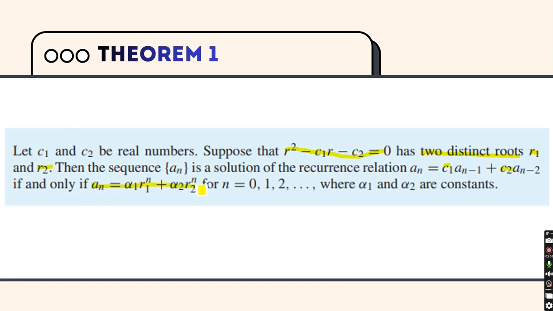So if you have two different roots, where r1 and r2 came from the equation above called the characteristic equation, then a1 and a2 are just constants that depend on the starting values or initial conditions.